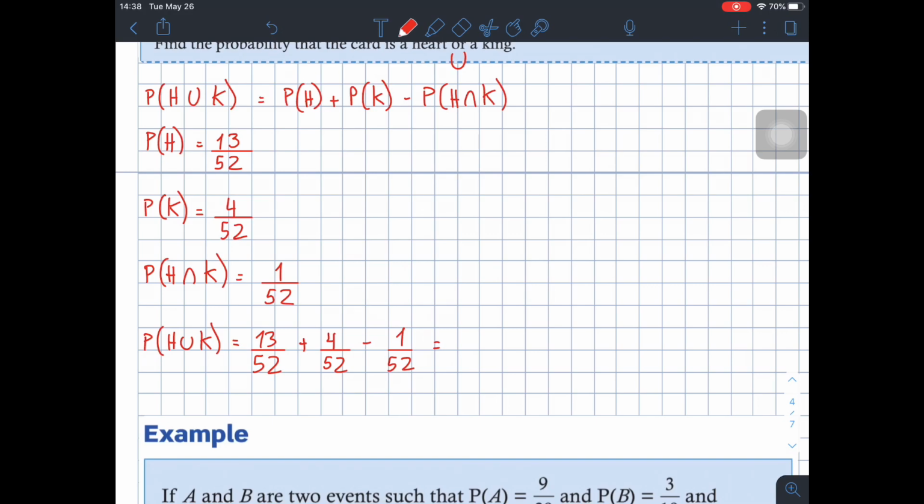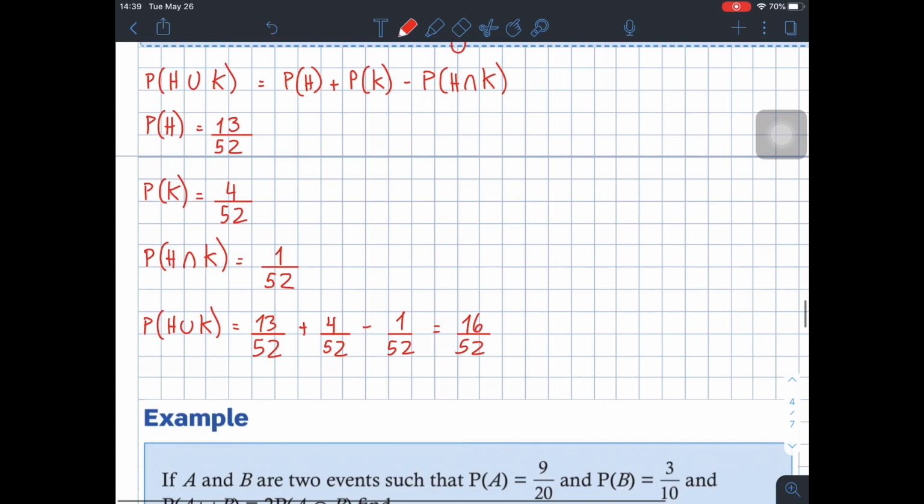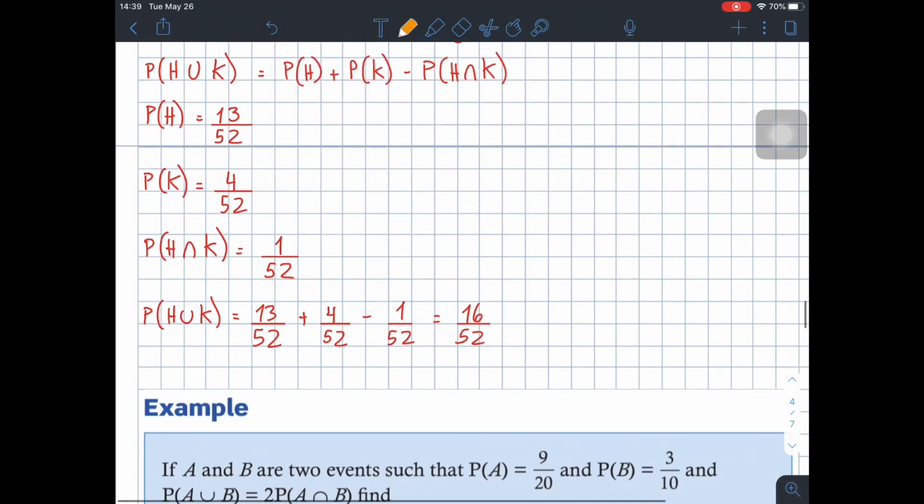So this is equal to 16 over 52, which we can simplify by dividing by 4, and this would be equal to 4 over 13. So finally, the probability of hearts union kings is equal to 4 out of 13. I wrote it that way because I don't have enough space, but you know that is a fraction, okay?